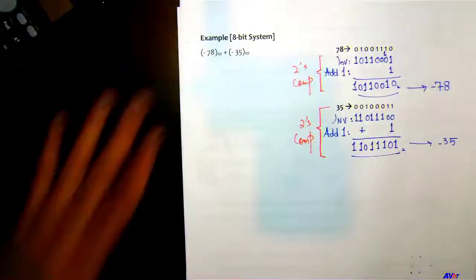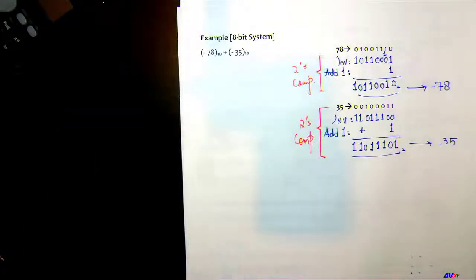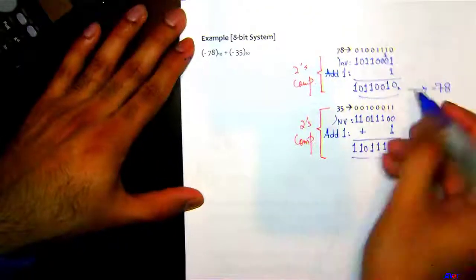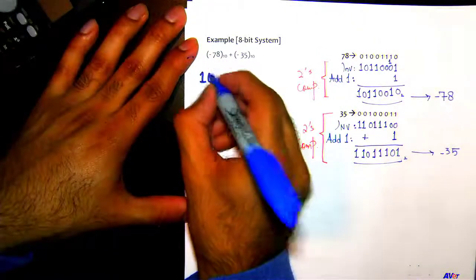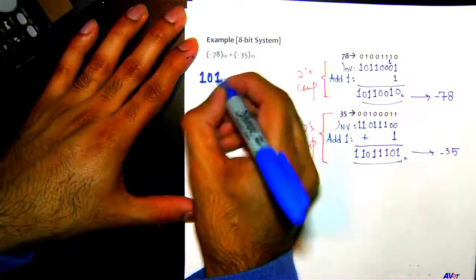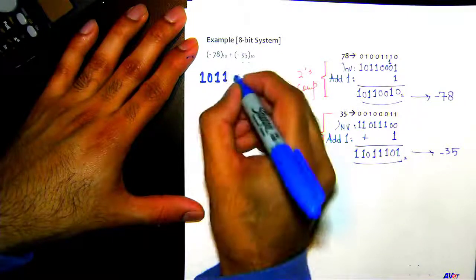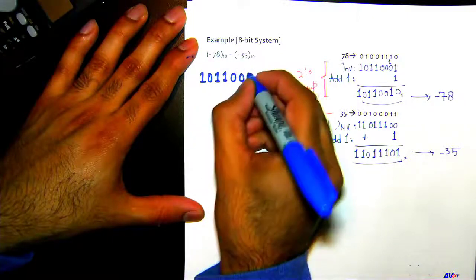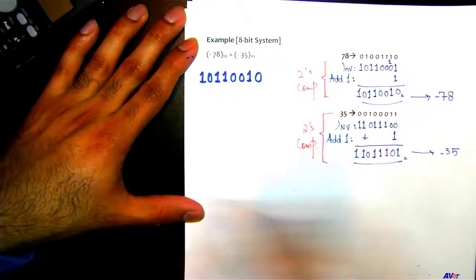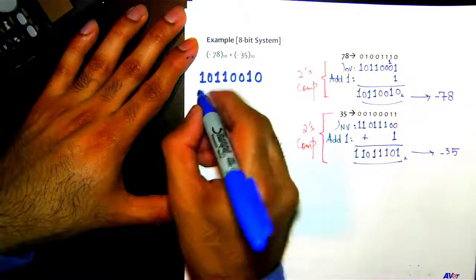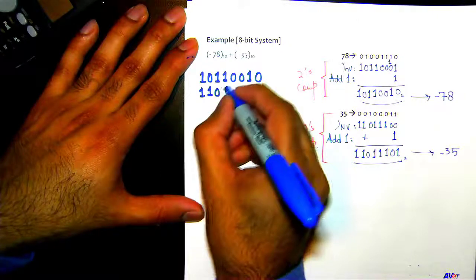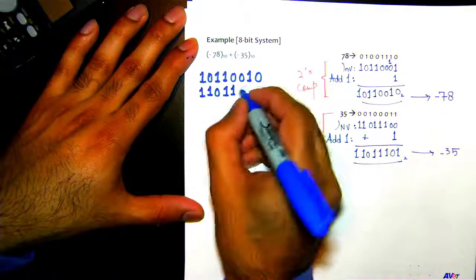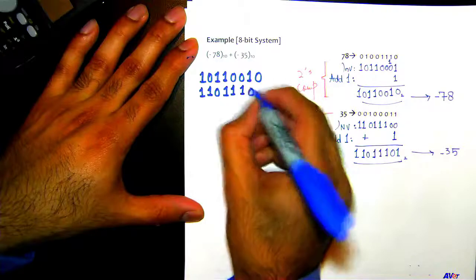Okay, all right. I'm going to put these numbers here. 1, 0, 1, 1, 0, 0, 1, 0, and then negative 35, double 1, 0, triple 1, 0, 1.